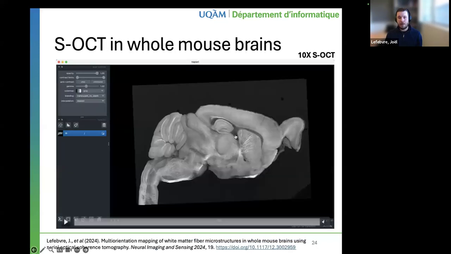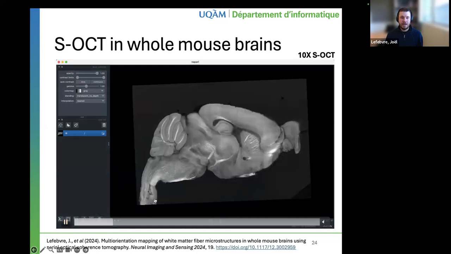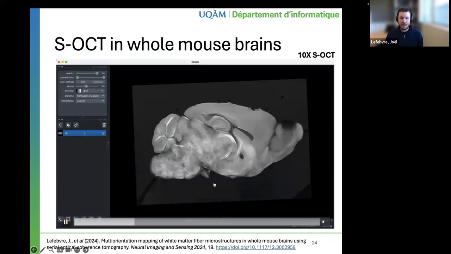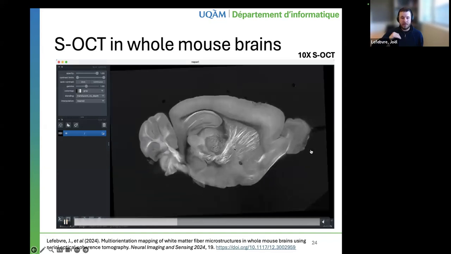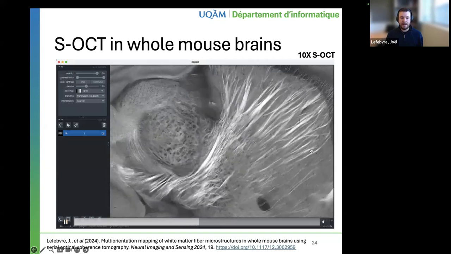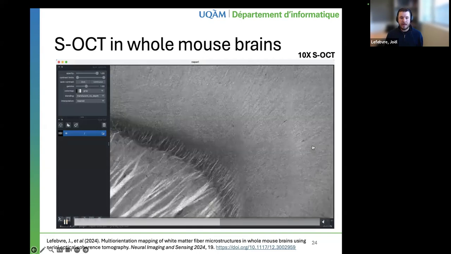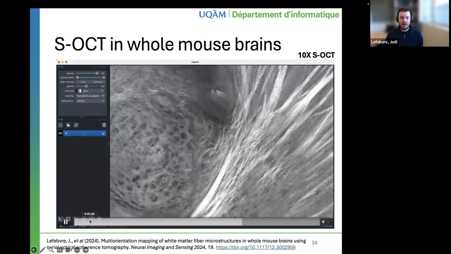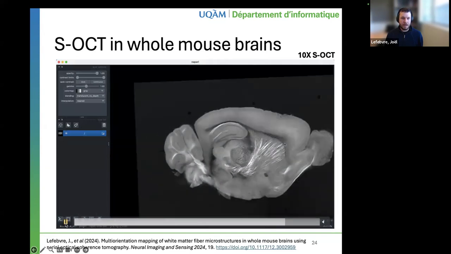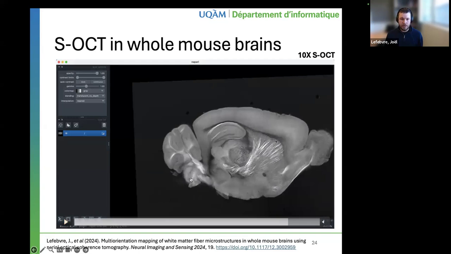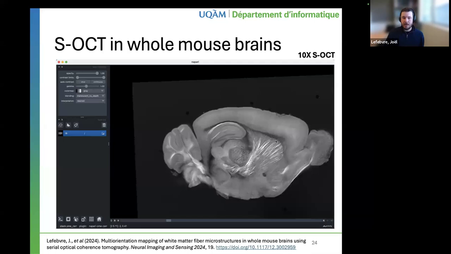So here is an example of a dataset we acquired recently. This is 10x SOCT. The in-plane resolution is 3 micron, and the distance between the slices in that case is 200 micron. If we zoom in, we can see all the details of the fibers inside the brain.